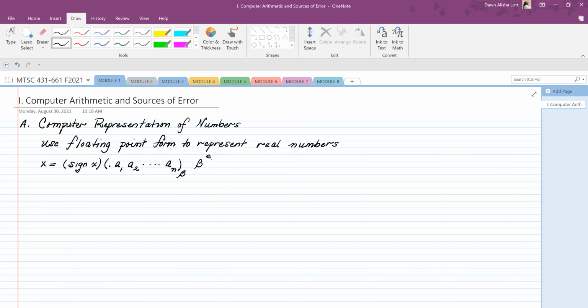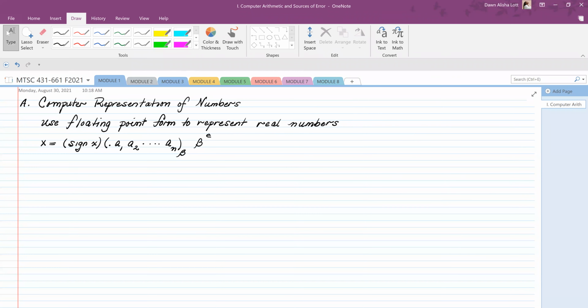Now I know that looks weird. It should look weird, okay? So beta is the base of the system, and so beta is either equal to 2, 8, 10, or 16.